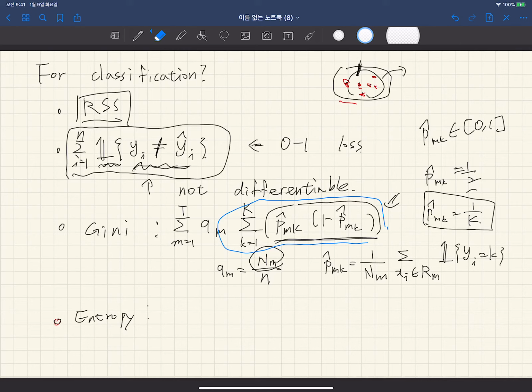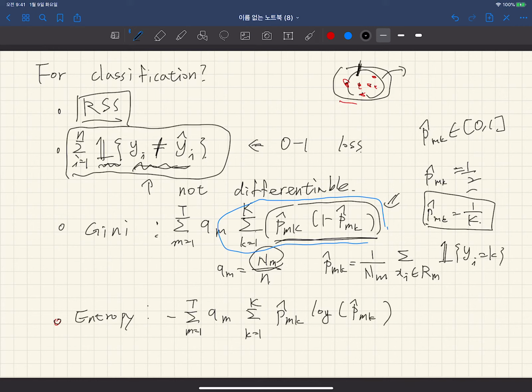This is minus the sum over m from 1 to capital T of Q_m times the sum over k from 1 to capital K of p hat mk log p hat mk. Like the Gini index, the entropy also has a high value when p hat is equally distributed.